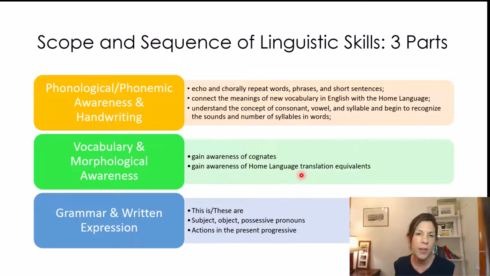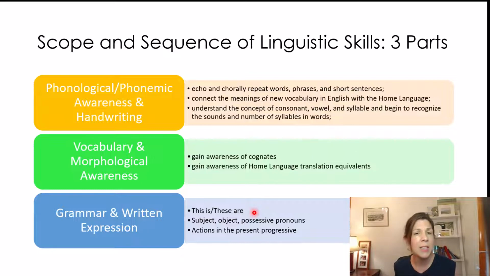When we're dealing with adolescent students, they are fully fledged speakers of their home language. They have tons of vocabulary in their home language. We don't want to start from scratch. We want them to access their vocabulary knowledge in the home language so that they can use it as a bridge to learning English.